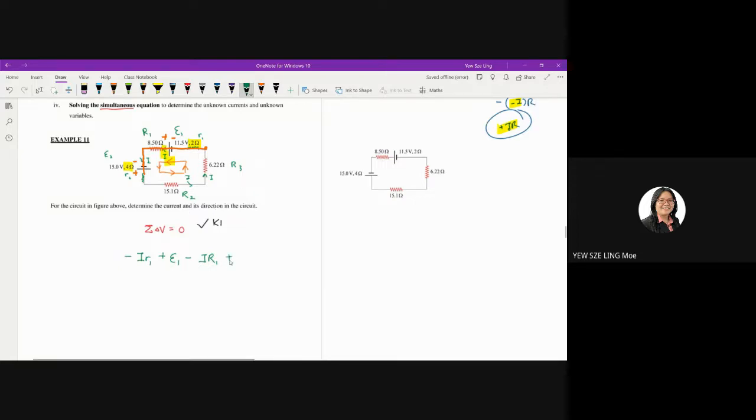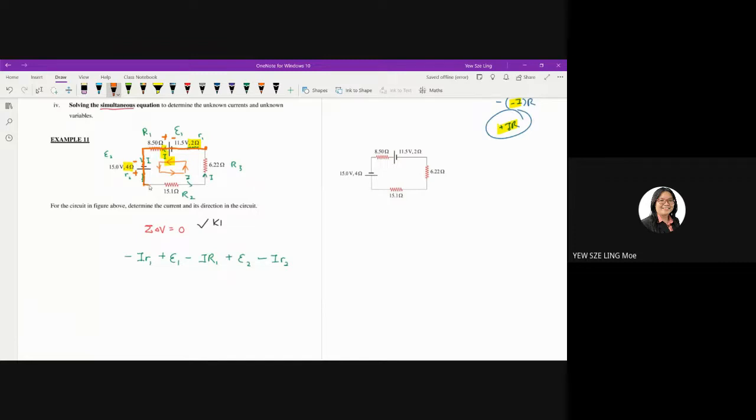Therefore, you are going to plus EMF2 because of the potential rise. And then it keeps moving and passes through your internal resistance. This EMF2 comes with internal resistance. When the current passes through it, it will experience a potential drop, so it will have a negative Ir2 right now.